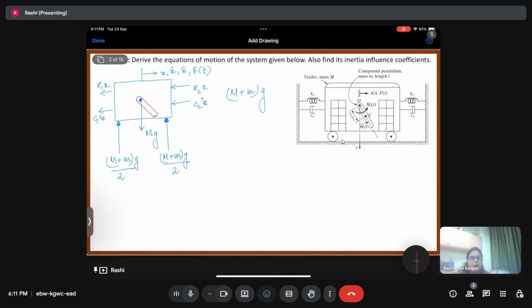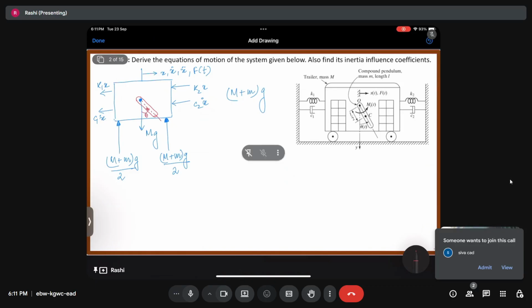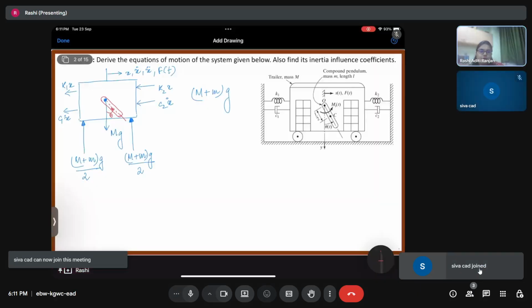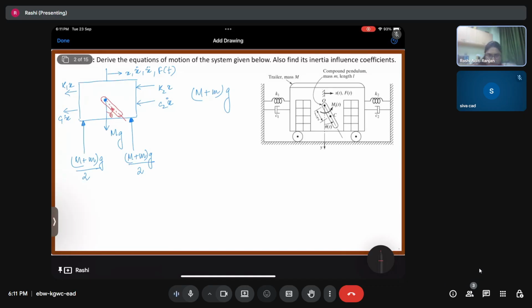It is having a displacement of theta, and this theta is in the anticlockwise direction, as we have assumed for now.